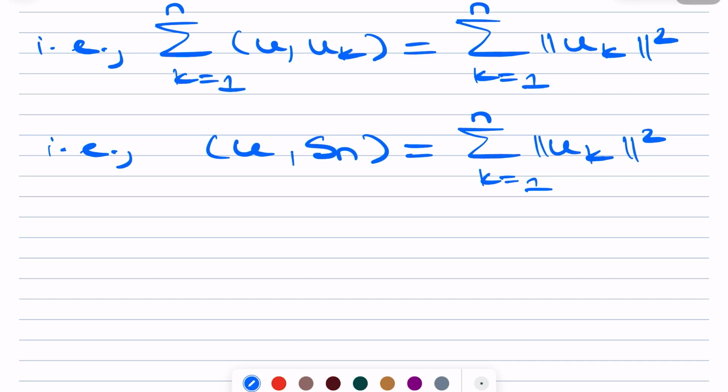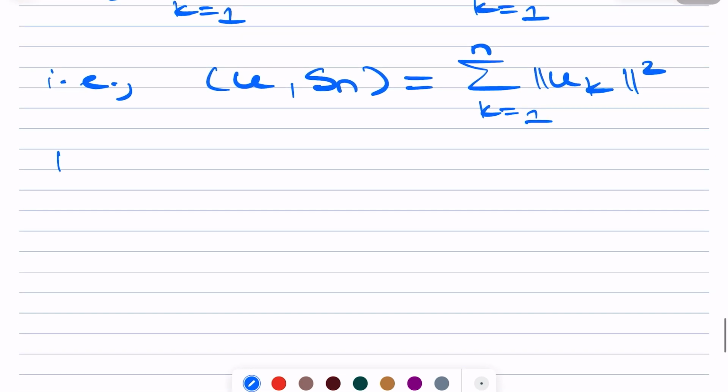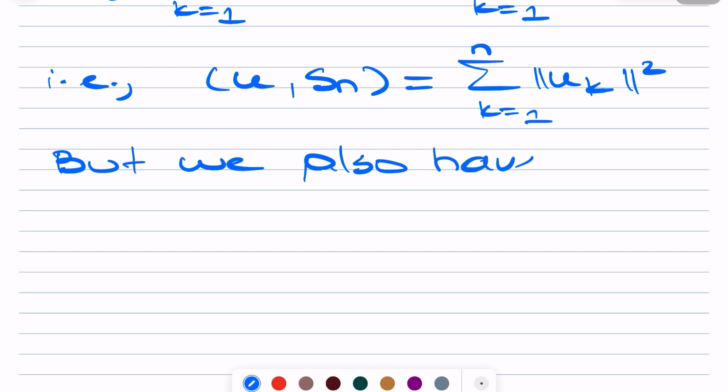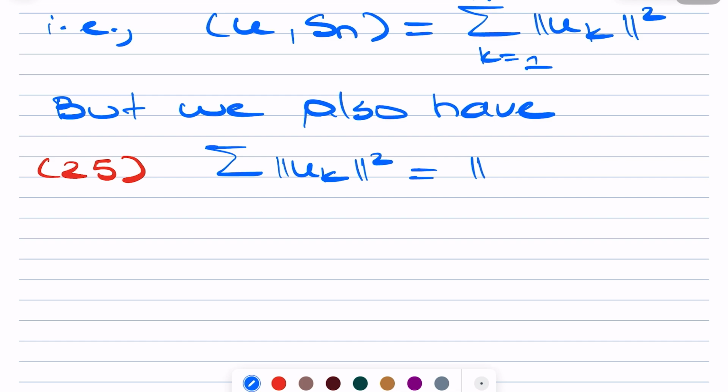But we also have, call it relation 25, that the summation of the norm of uk squared, k running from 1 to n, is equal to the norm of Sn squared.